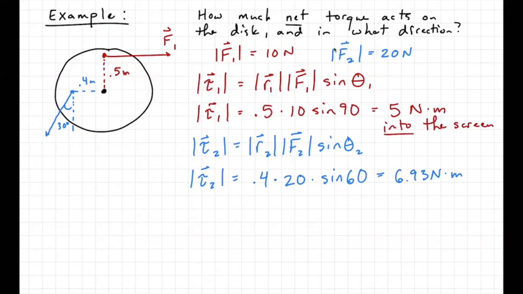And let's do the same thing for the second vector. So thumb along the radius vector, position vector, index finger along the perpendicular part of the force, and palm points in the direction of the torque. If you want a second, you can pause your video. In this case, the torque goes out of the screen.